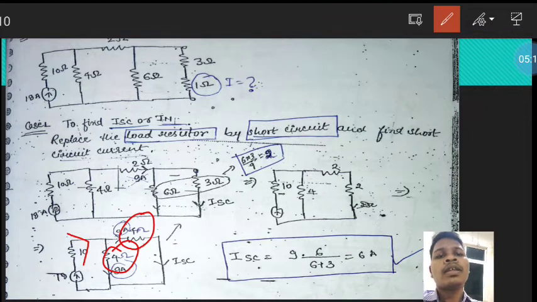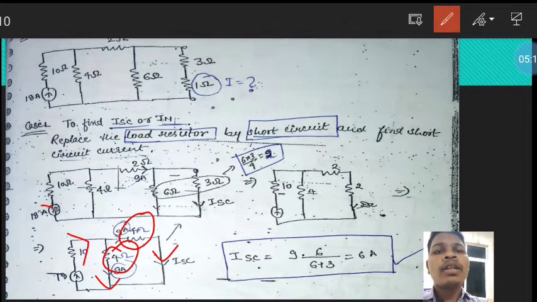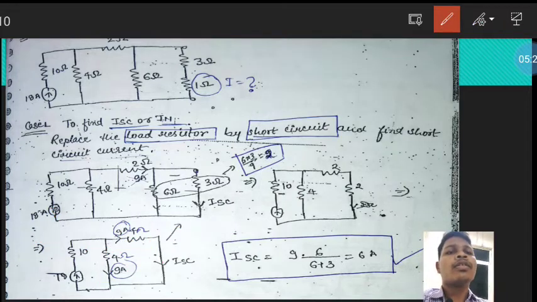The total current is 18 ampere, so 9 ampere will flow here and 9 ampere will flow here as well. Is it clear to you?